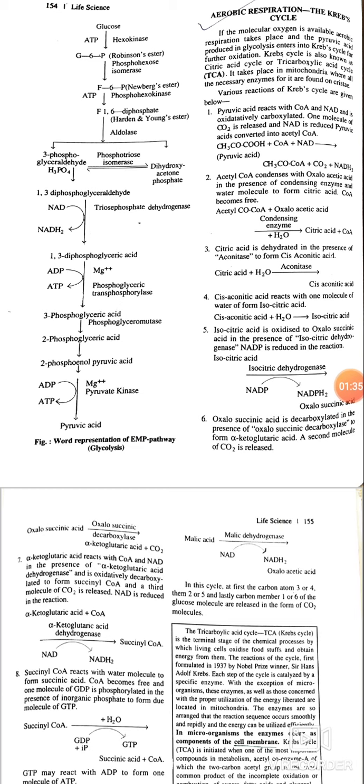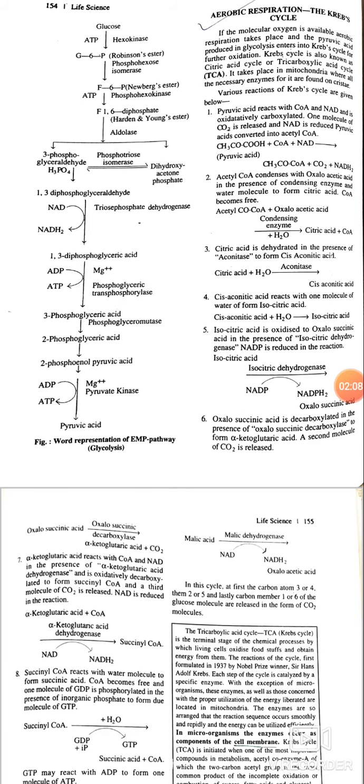Pyruvic acid is converted into acetyl coenzyme A. Next, acetyl coenzyme A condenses with oxaloacetic acid in the presence of condensing enzyme and a water molecule to form citric acid. Coenzyme A becomes free.